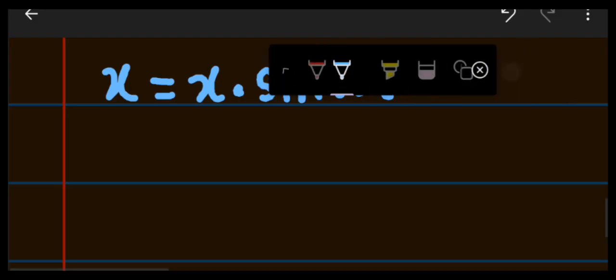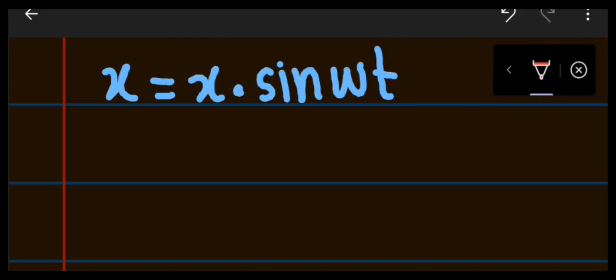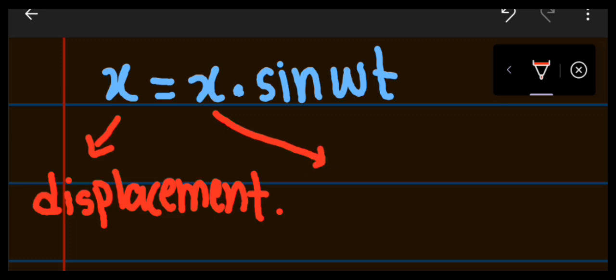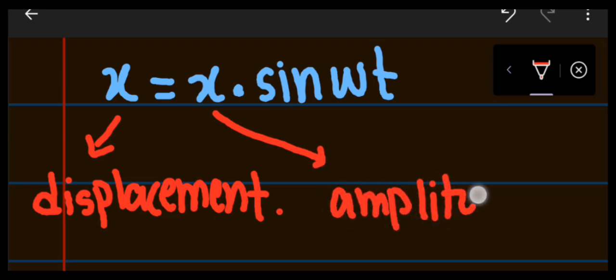Okay, so if I arrange this statement, if I open this statement completely, here x is defined as the displacement. X is basically displacement. x naught is amplitude. And you know what amplitude is?